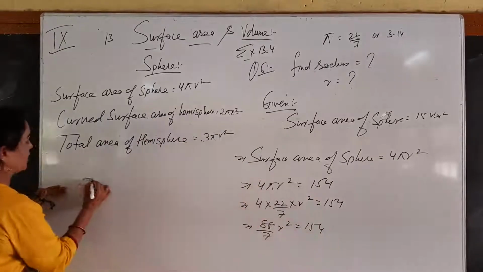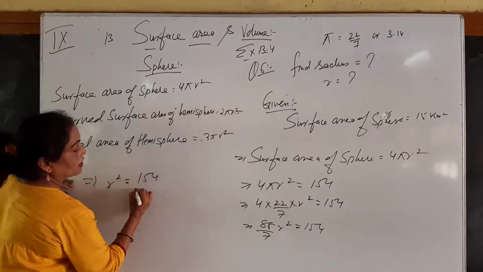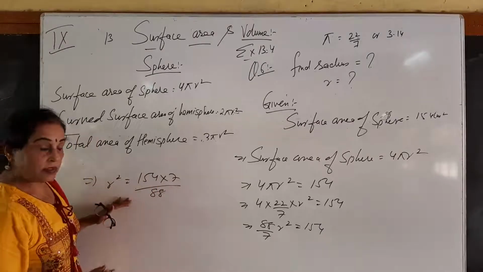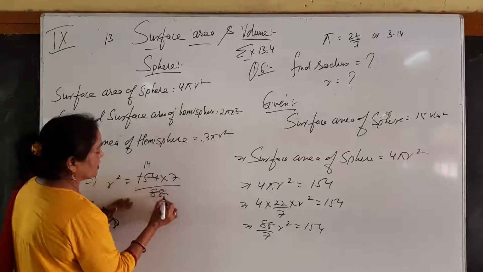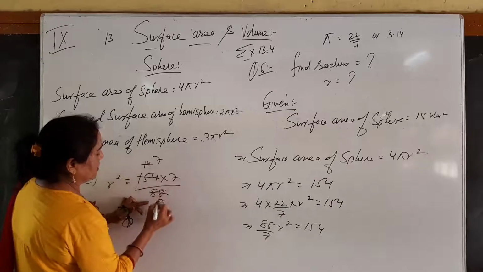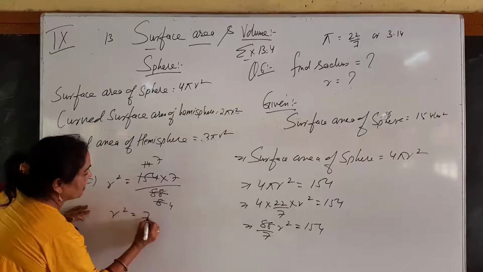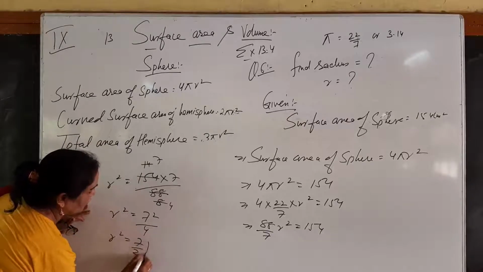Further, r square equal to 154 into 7/88. We will cancel by 11. 1 time 4, this is 8. Again, this will be 7. This is 4. So we are getting r square equal to 7 square by 4. r square equal to (7 by 2) square.